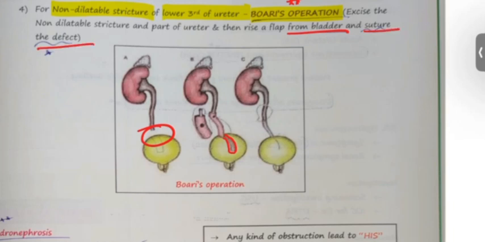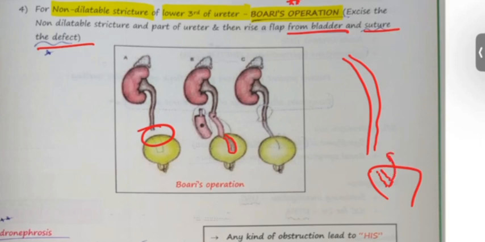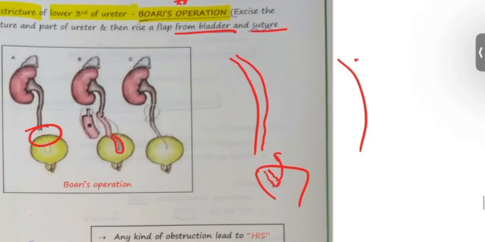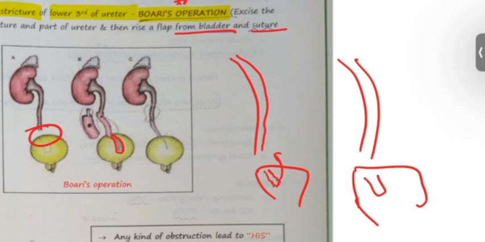So basically, if this is the ureter and this part has undergone stricture and here is the bladder, now what do they do? They will excise this strictured part, put an incision here and raise a flap. They lift this up like this. Okay, so now what happens: this is the stricture part, this part of the bladder is emptied and it is sutured here.